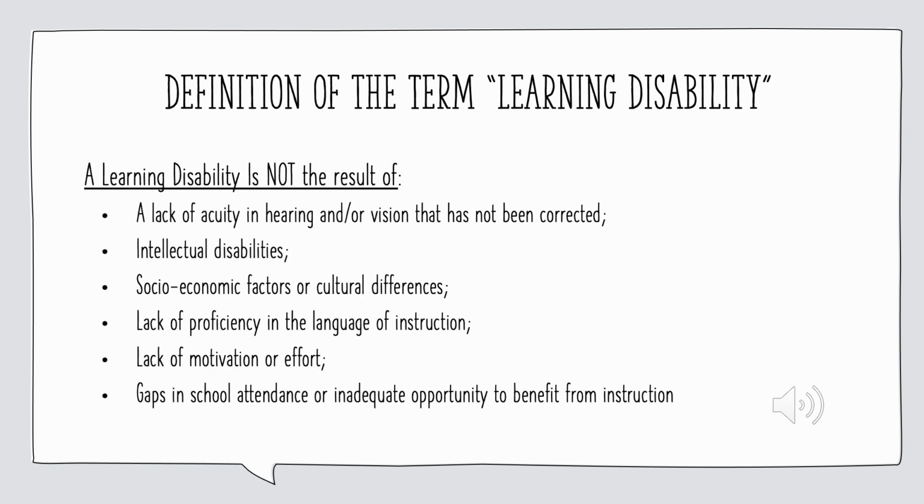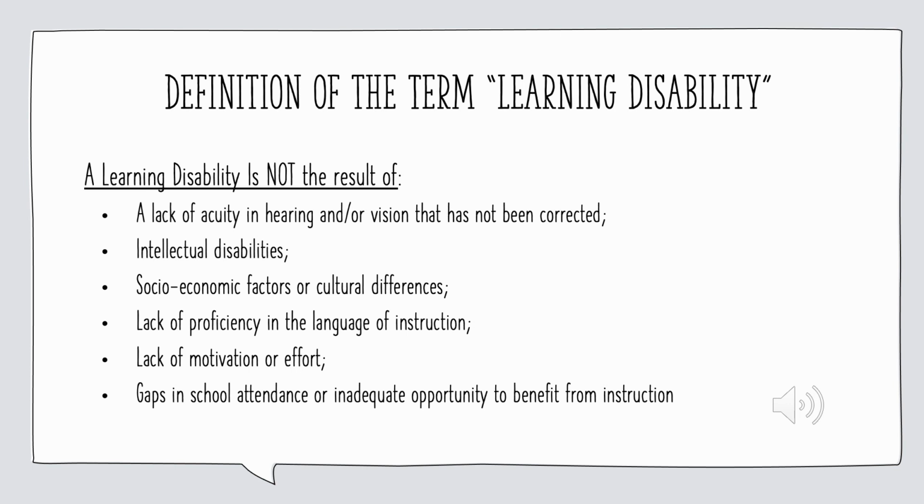Critical in understanding a learning disability is dispelling untruths about what causes a learning disability. As stated earlier, a learning disability is a neurodevelopmental disorder and, as such, is not caused by other medical conditions, such as a lack of acuity in hearing and/or vision that has not been corrected, or intellectual disabilities.